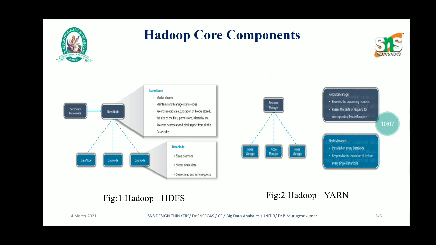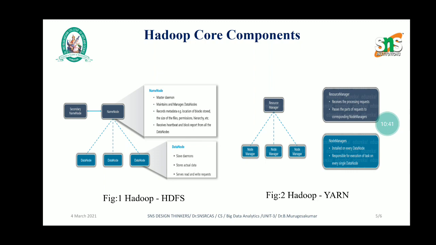Basically, it has two components: one is scheduler, another one is application manager. The scheduler is responsible for allocating resources to the various running applications. The application manager is responsible for accepting job submissions and negotiating the first container for executing the application. The resource manager also keeps track of heartbeats from the node manager.